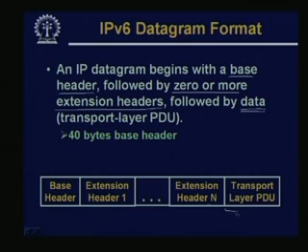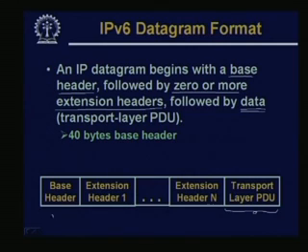Typically on top of IP you have the TCP layer. So, the TCP layer will be sending a chunk of data to IP for transmission. So, actually this data is sometimes called the transport layer protocol data unit or PDU. So, this data that we are showing in this diagram at the end, this is the transport layer PDU.